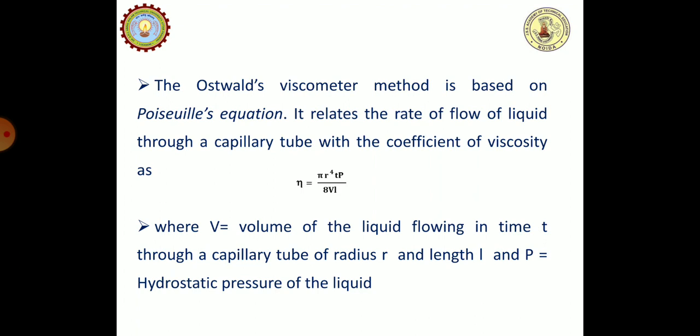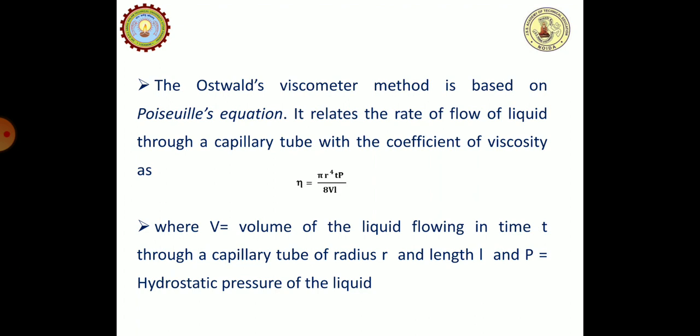In this equation, eta represents the coefficient of viscosity, V represents the volume of the liquid flowing in time t through the capillary tube of radius r, the length of the tube is L, and P is the hydrostatic pressure of the given liquid.